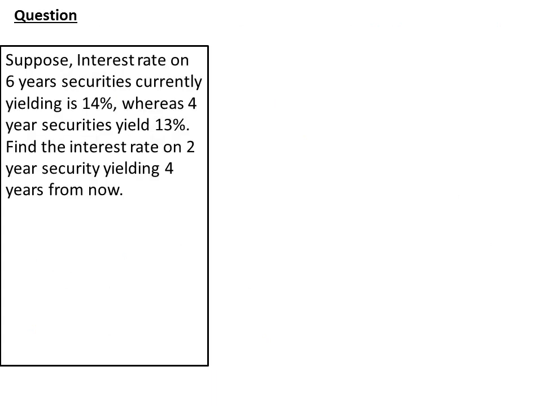Here is a question. Have a look at the question. Suppose the interest rate of a 6-year security currently yielding is 14%, that is 0K6, whereas the 4-year security yields 13%, that is 0K4. Find the interest rate of the 2-year security yielding 4 years from now, that is 4K6 equals what?